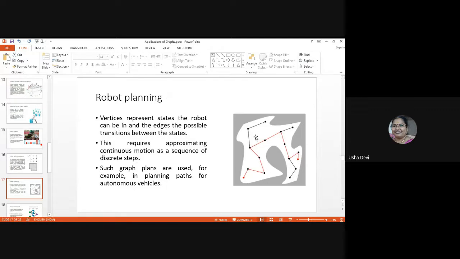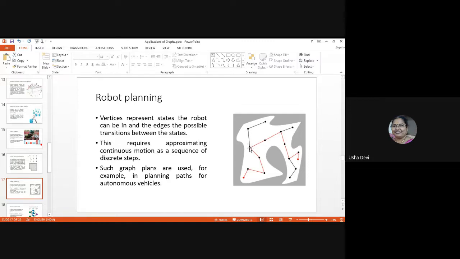So it's mainly for approximating continuous motion, in terms of a sequence of discrete steps. From here to there, similarly, you stop for some time, and after that one more transition takes place. That may be a different transition, and then again it stops here.